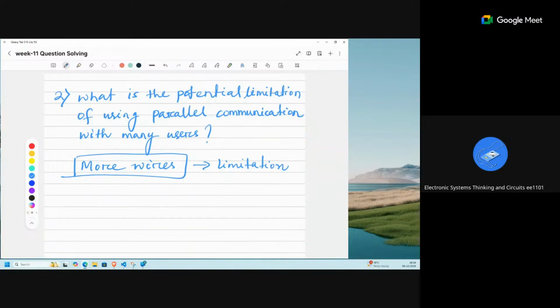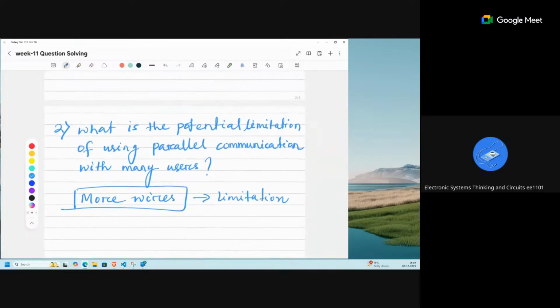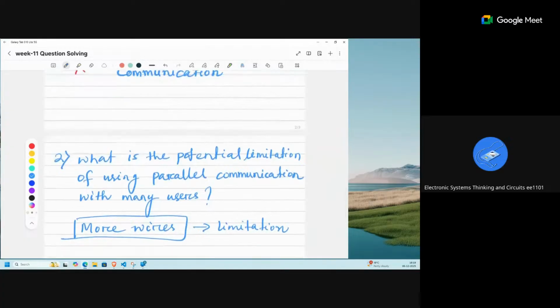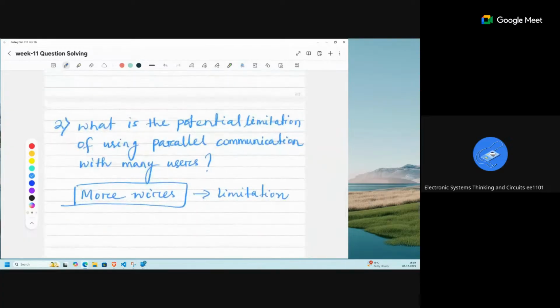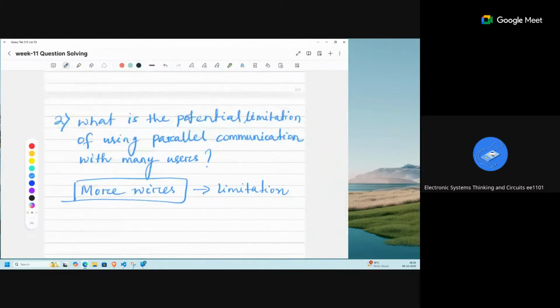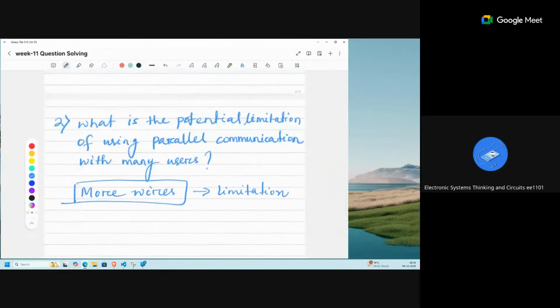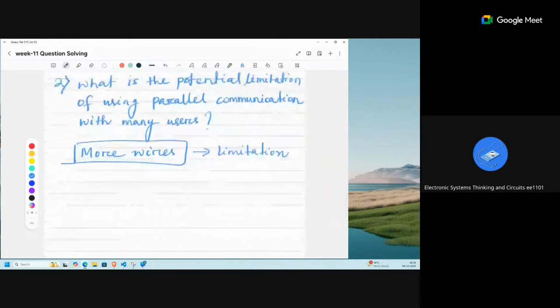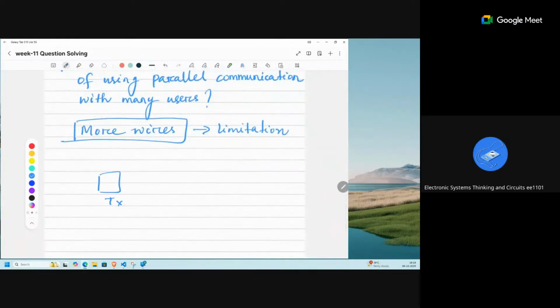Okay, and it is not secure. If you have a transmitter here and a receiver here, and you're connecting through wires, multiple wires may also be no problem. Whether parallel or serial communication, if you have wired communication, can you tell me, is it secure?